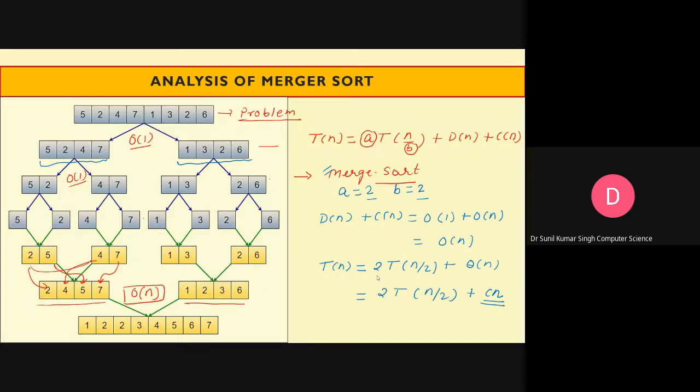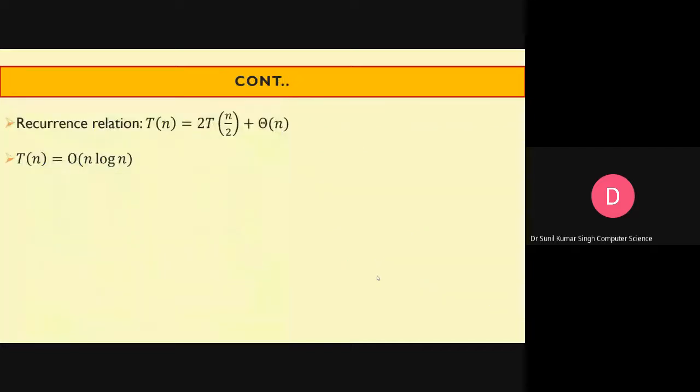So look at here, this is the recurrence relation, and those who have any confusion related to combining and dividing, in the next slide it will be more clear to you.